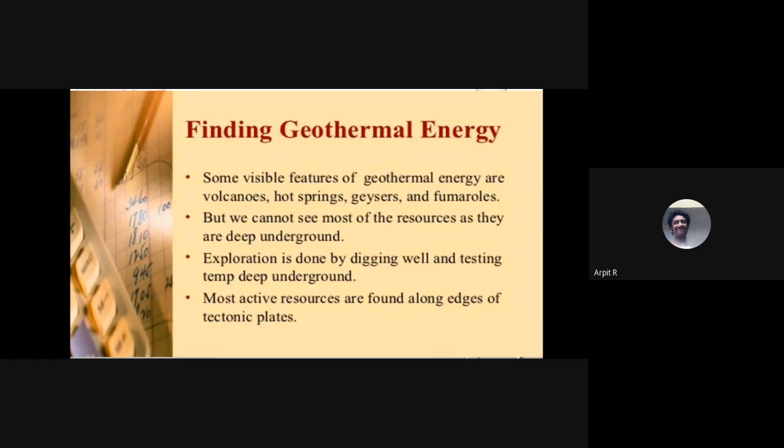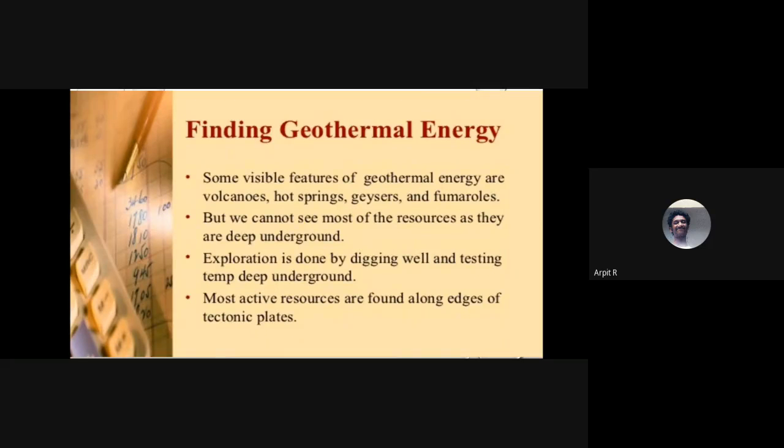In finding geothermal energy, some visible features are natural phenomena like volcanoes, hot springs, geysers, and fumaroles. But we cannot see most of the resources as they are deep underground.